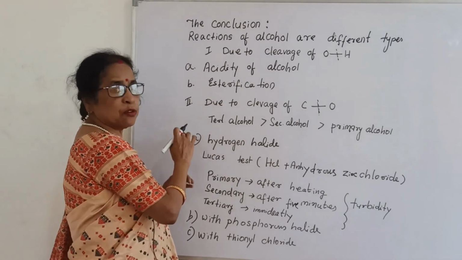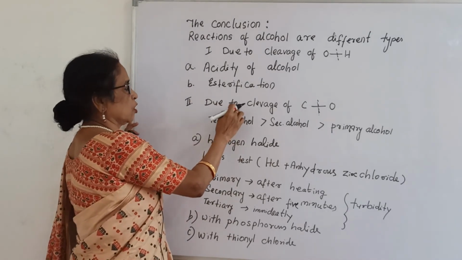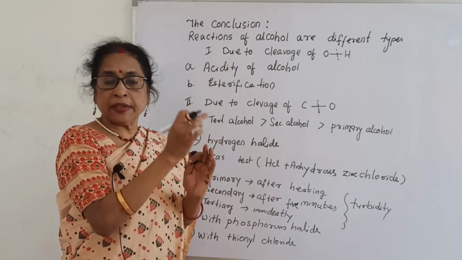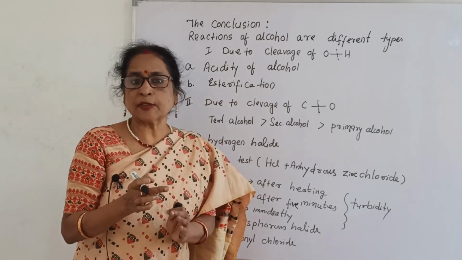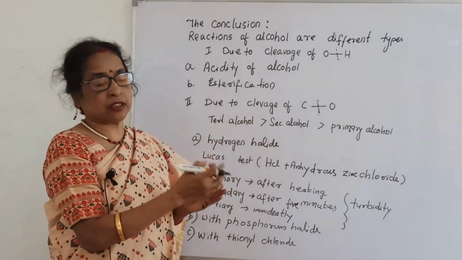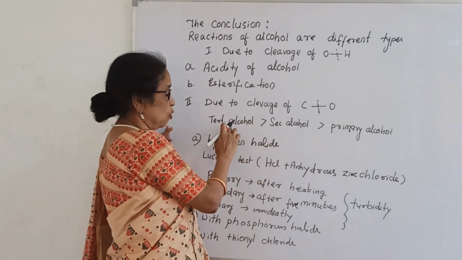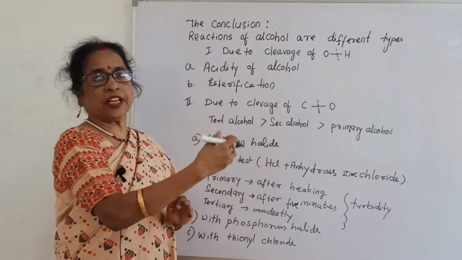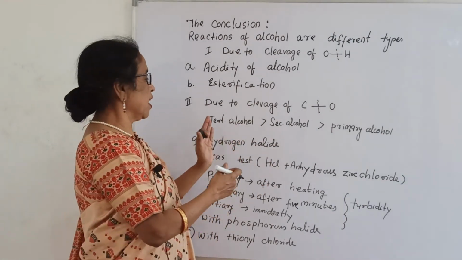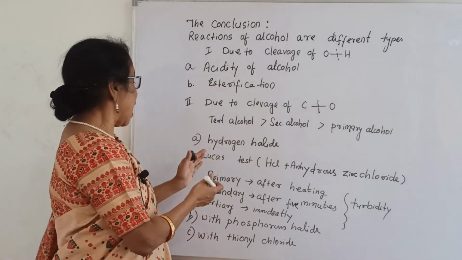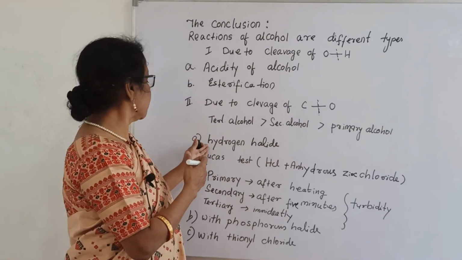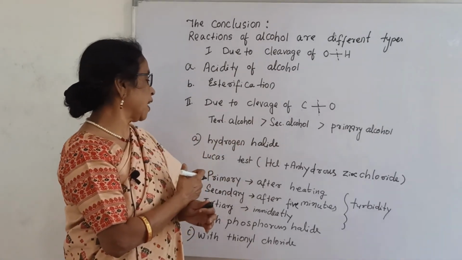Then come to the second one. This one also I taught. Due to cleavage of the C-O bond, the breaking takes place between C and O. That means what are the possible reactions? And here you should also know tertiary alcohol is more reactive than secondary alcohol, than primary alcohol. I already told the cause. The following reaction I taught in this video: hydrogen halide.